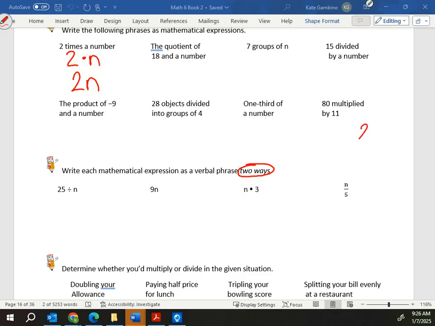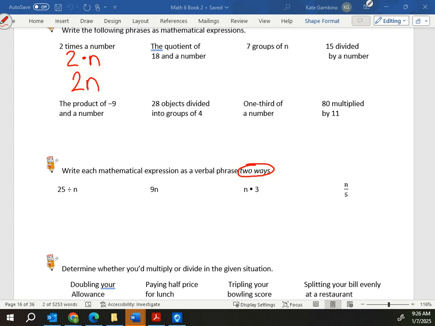Same thing if you see a number right outside of parentheses, it means we are multiplying that number through the parentheses. So a number right next to something with no operation means we are multiplying. If you wrote 2 times n on the test, I would give you credit for it, but we need to know proper math. 2n means 2 times n. We need to recognize that because next year you're going to be using it all the time.